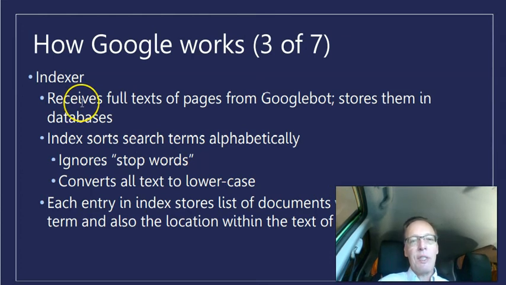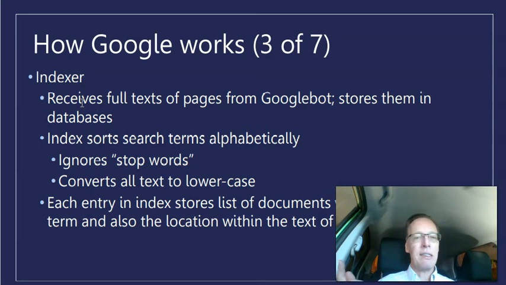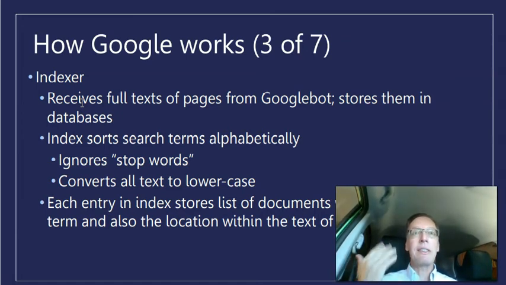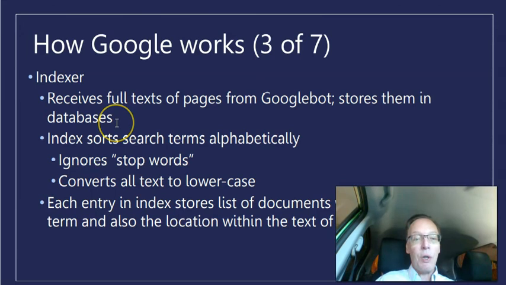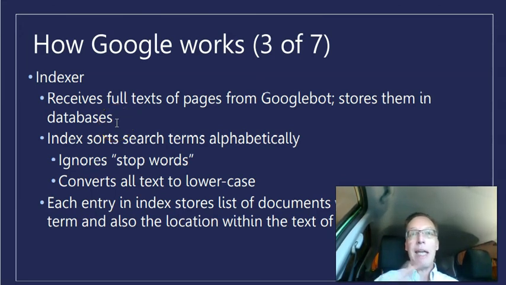The indexer receives full text of pages from Googlebot, and what full text actually refers to is any of the content on the page, which is text, meaning words, but it also includes images, videos, podcasts, and any digital content. Whatever is on that page, Googlebot retrieves it and submits it to what's called the indexer. All that information that Googlebot retrieved is stored in Google's databases.